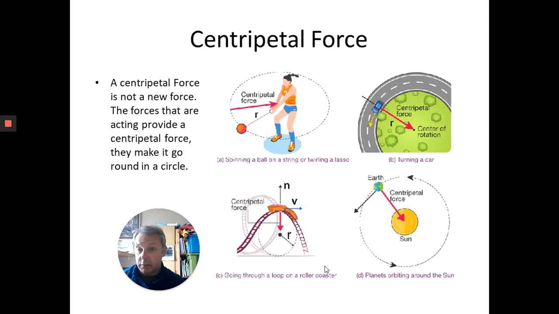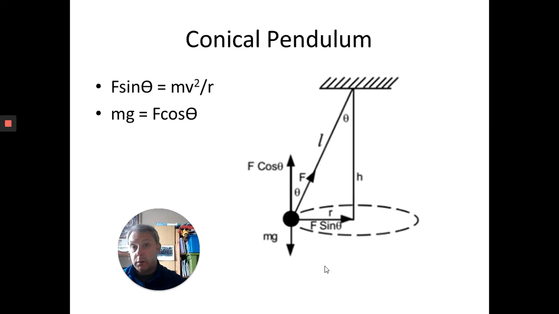We're going to look at loop-the-loops and vertical circles a little bit later, and see the effect of different positions while moving in a circle that could affect the size of the force or the components of the forces involved. Now, the first scenario is the conical pendulum.